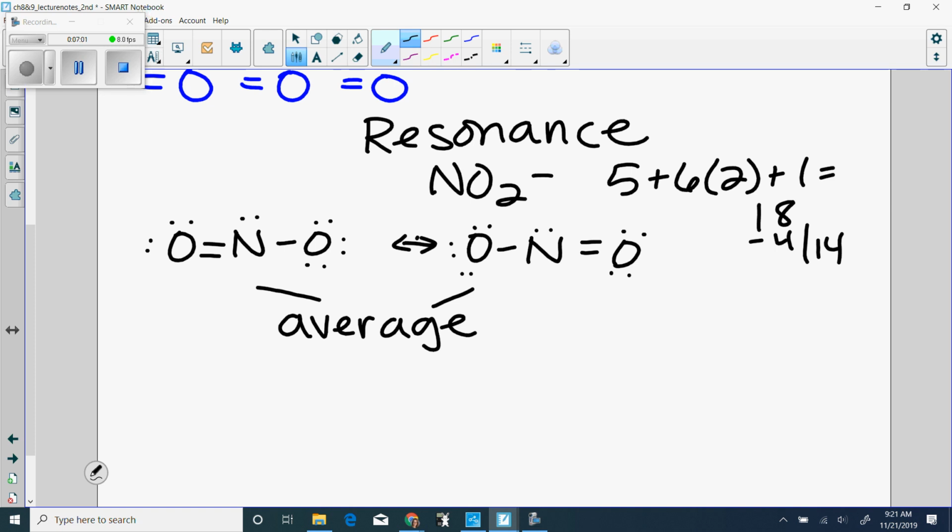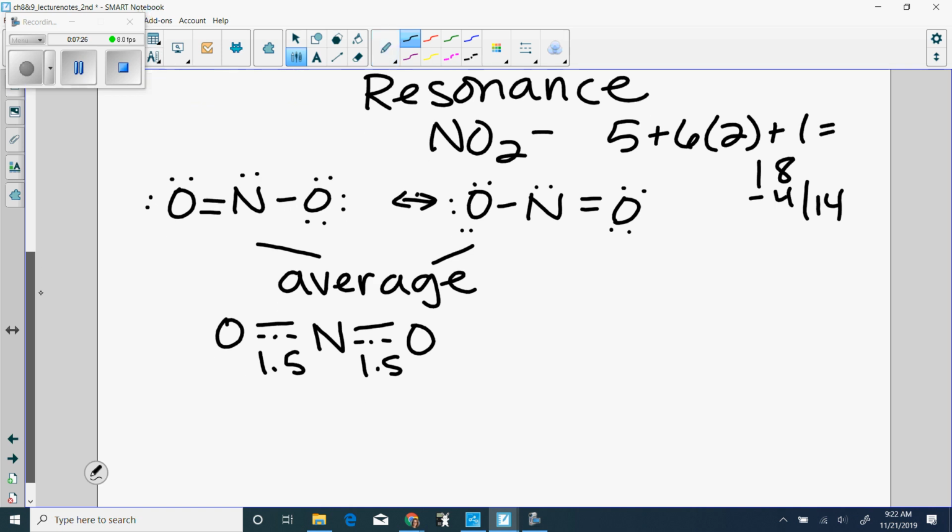Okay, so the way you would draw that, if it asks you to or discusses it with you, is like this. It's not a double, it's not a single, it's a 1.5. So you would take the average of the two for resonance.